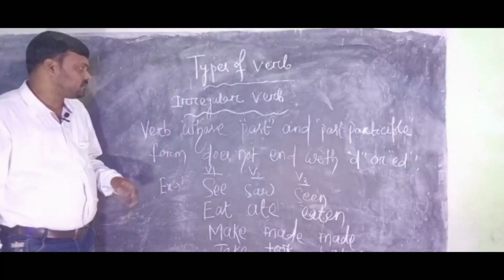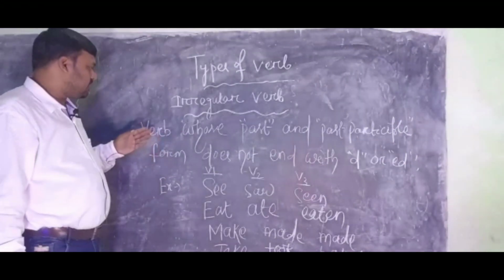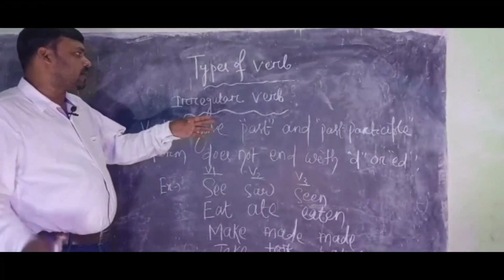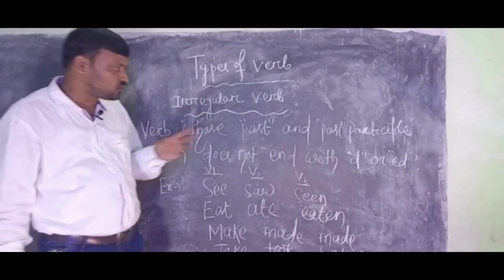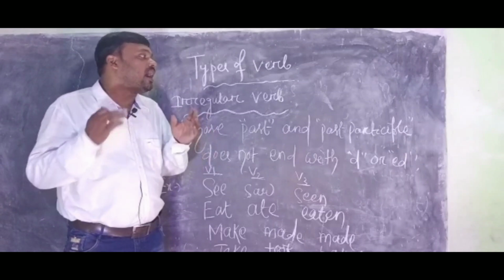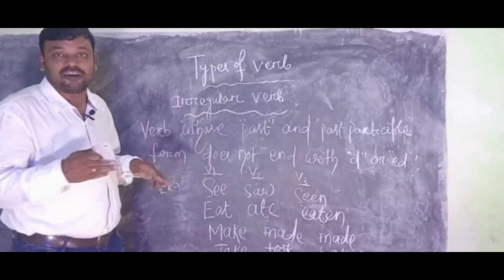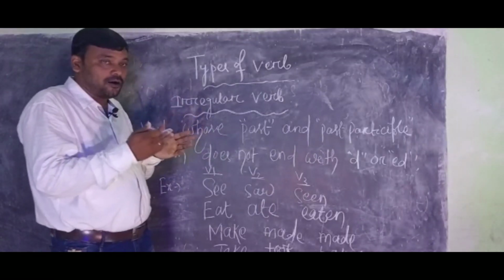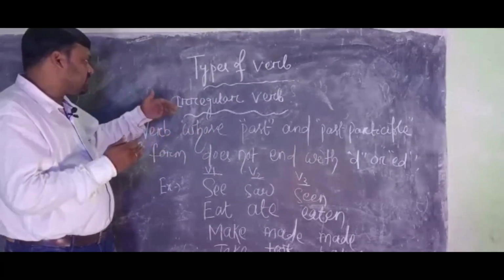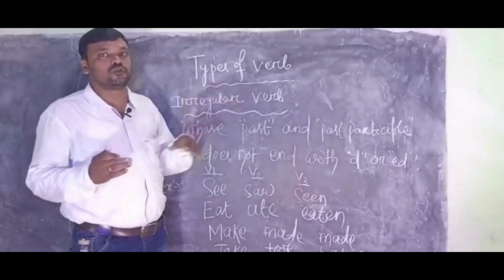Irregular verb. So basically these verbs whose past and past participle form do not end with d or ed, like regular verbs. So here those verbs are included in the irregular verb group.